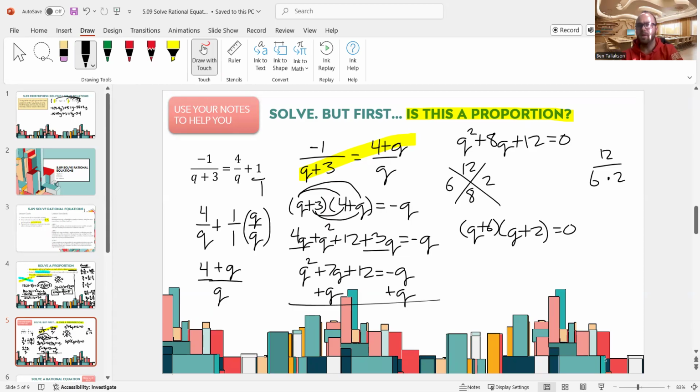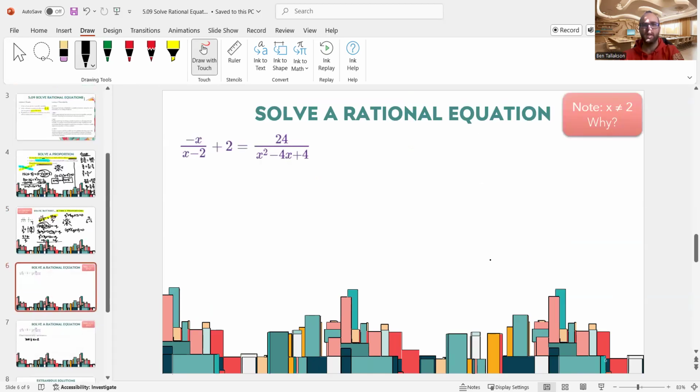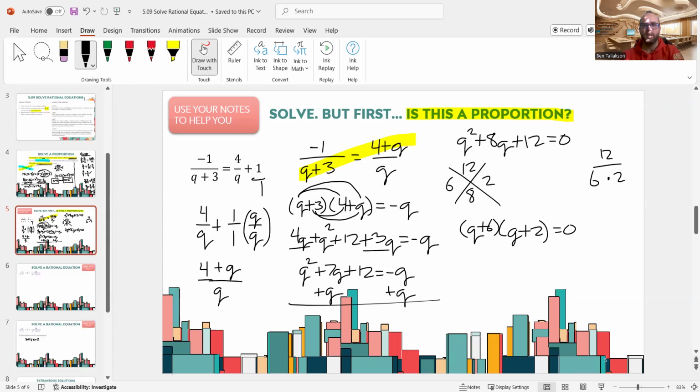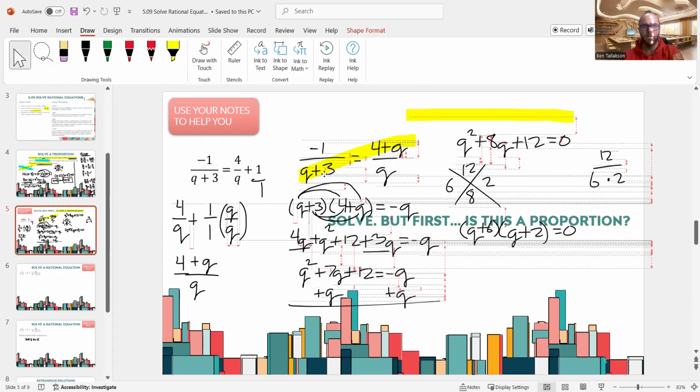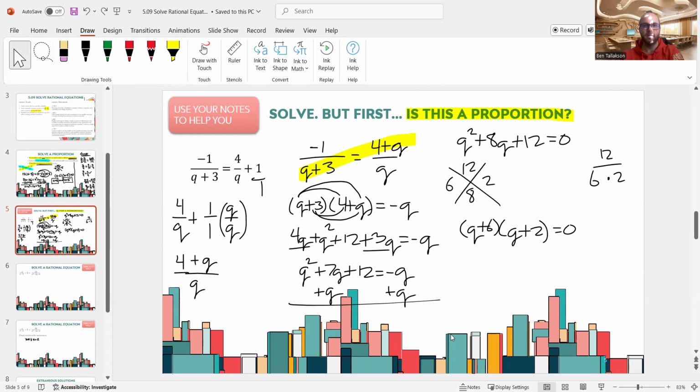What do we need to do now? Check for extraneous. You got it. Okay, let's do that now. I am quickly running out of space, so as you practice solving for extraneous, I'm just going to move some things around to clear up some room here.